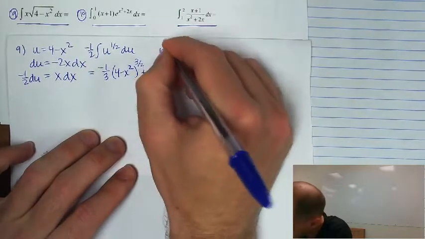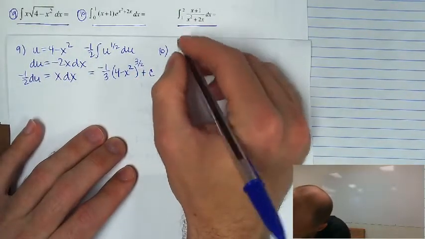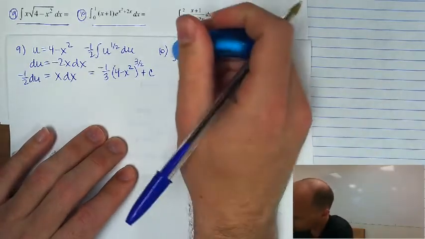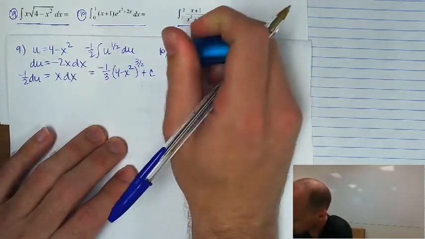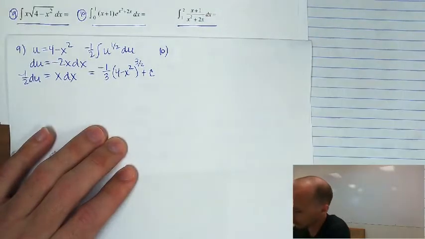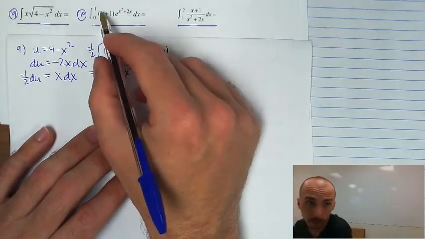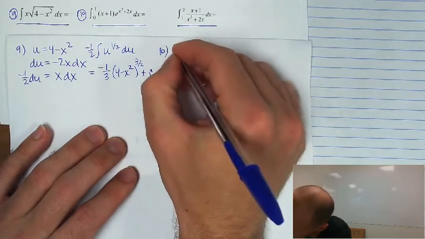10. All right, don't need to copy the problem, you can see it. So I'm going to let u be x squared plus 2x because the derivative of this is proportional to that.